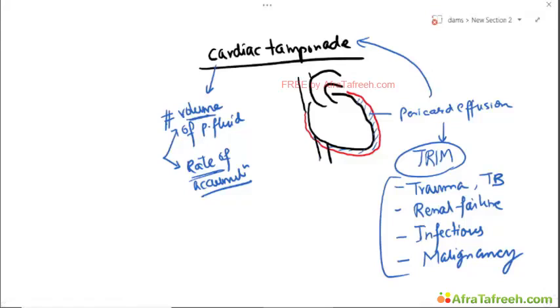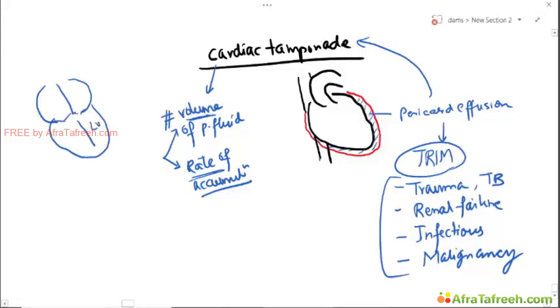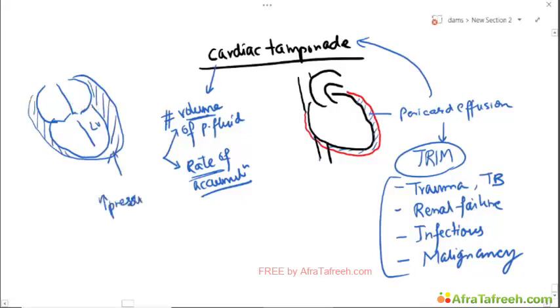So the exact pathophysiology of cardiac tamponade is that it causes a diastolic failure. If there is a lot of fluid, there is increased pressure, and it causes diastolic failure.